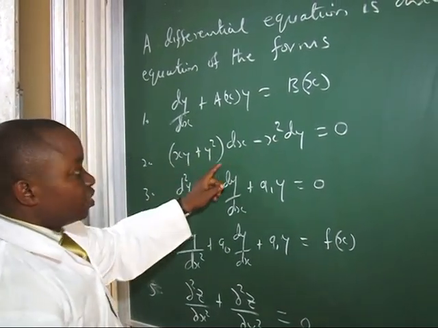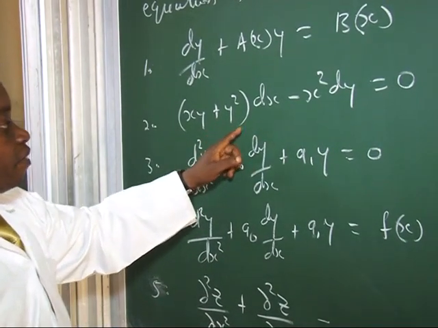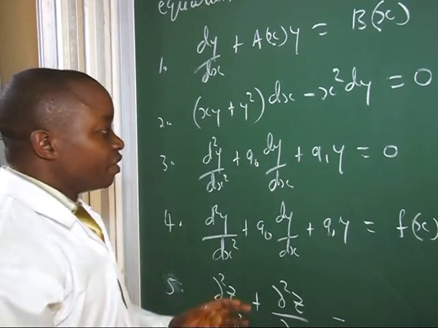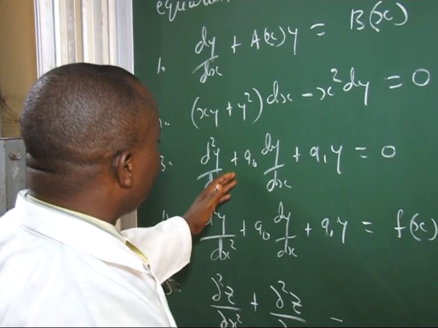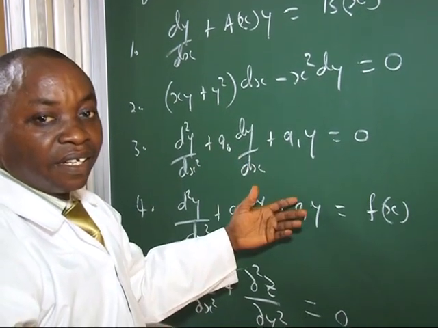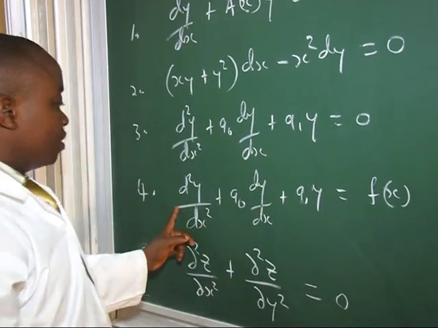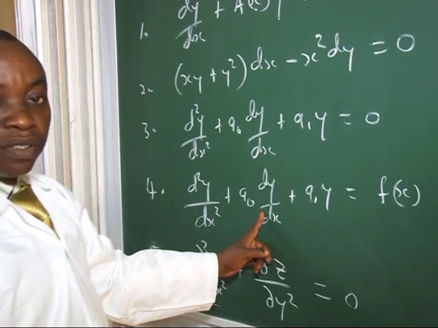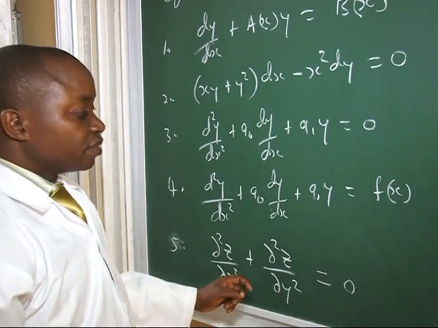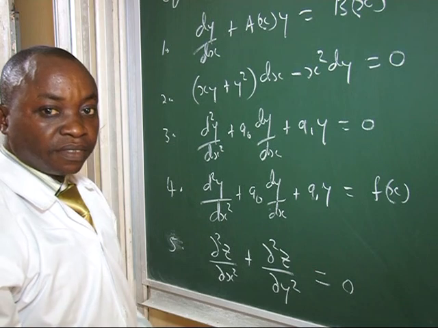Now, differential equation number 2 is first order linear homogeneous equation. Now, for number 3, we have second order linear homogeneous equation. Differential equation number 4 is called second order linear non-homogeneous equation.